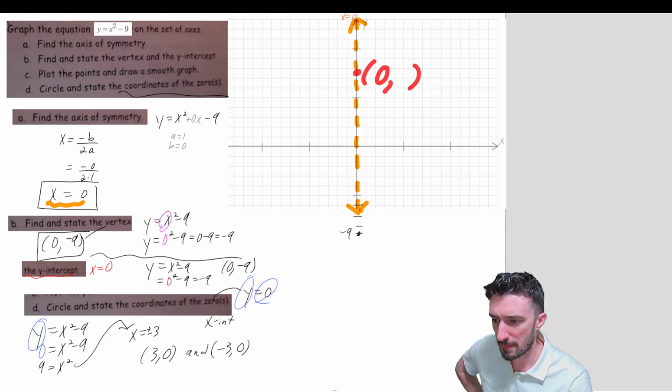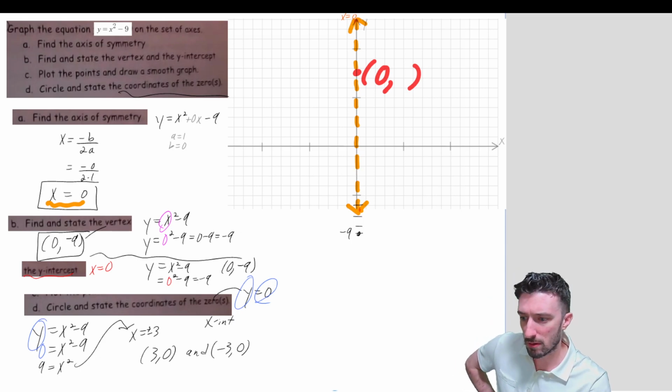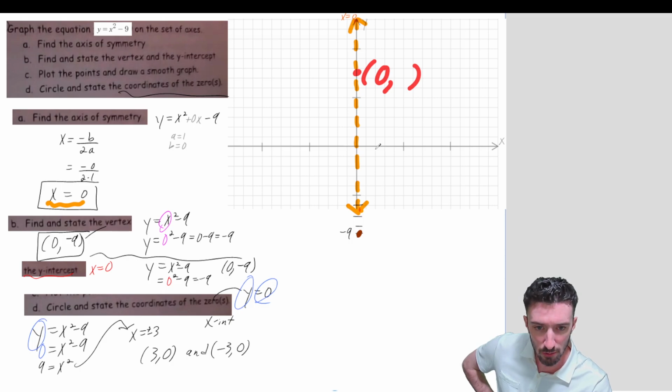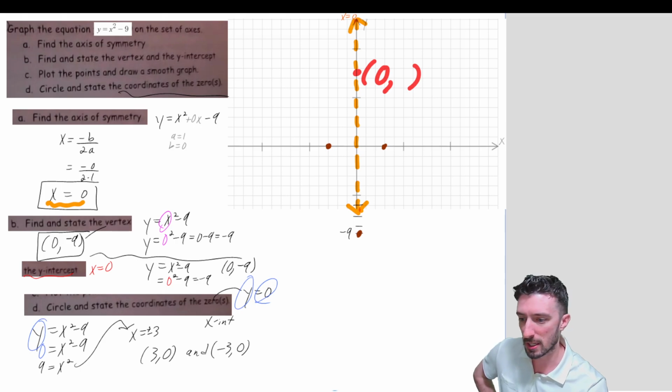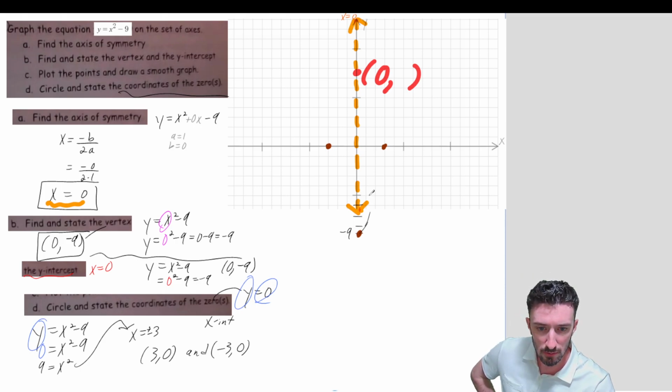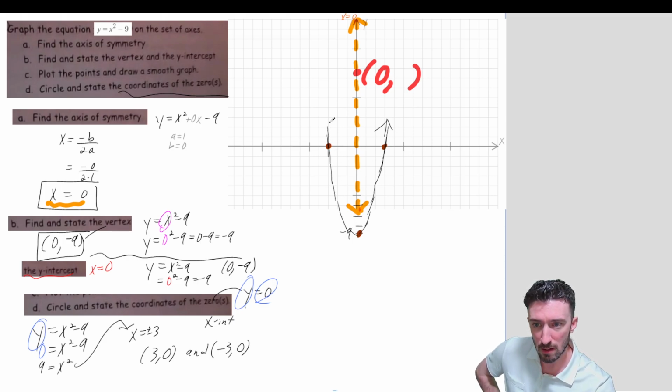So let's put down these points. So remember, we already had that one. And now 1, 2, 3, 0, and 1, 2, 3 in the negative direction, 0. Now it's looking like I might be able to connect these guys in a better way. Let's make a feathery quadratic and do that on the other side as well.